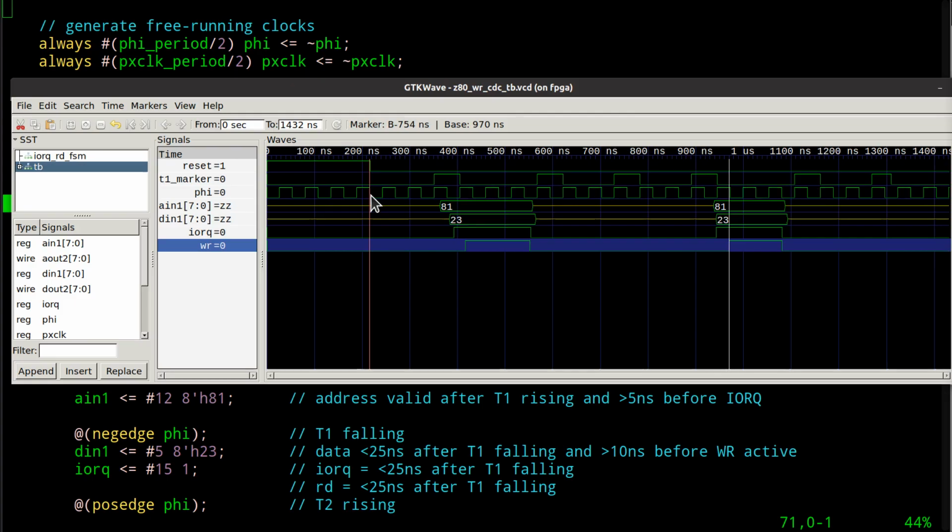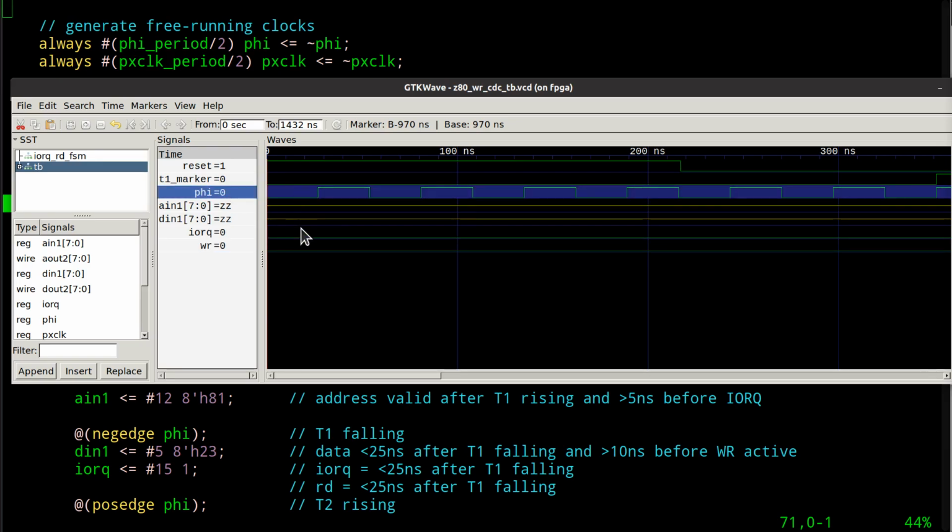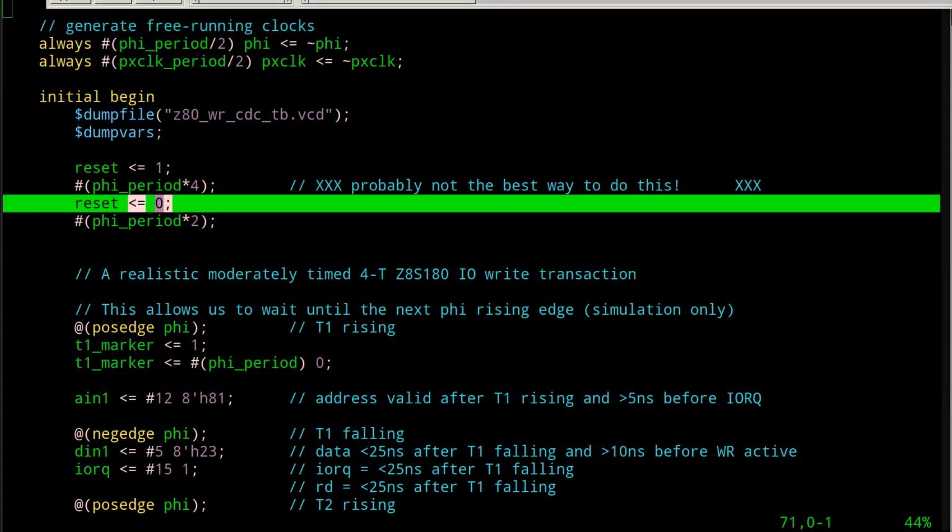Oh, it's a negative going edge. Oh, that's because it starts out low. Yes. I mean, if we zoom way in here, you could argue that this whole thing starts with a negative going edge on phi because it starts out low rather than high. And what happens is, where are we at here? We say reset equals 1 here.